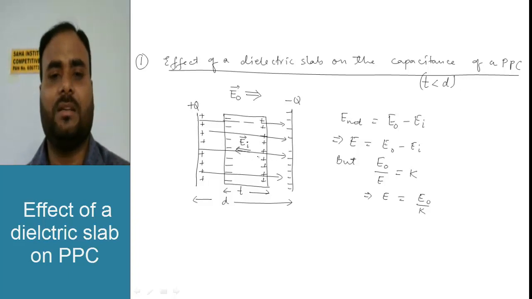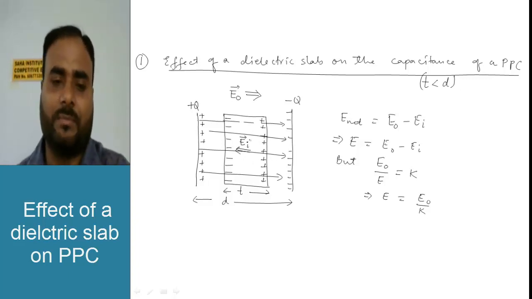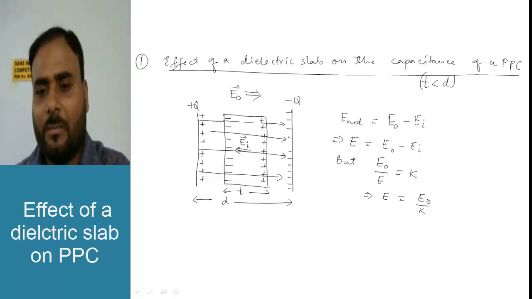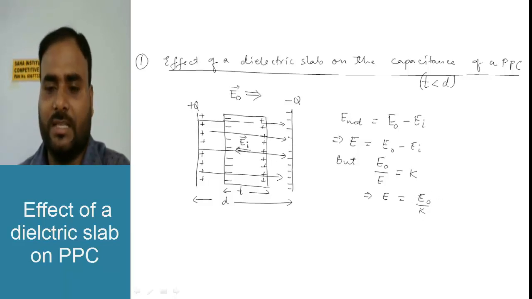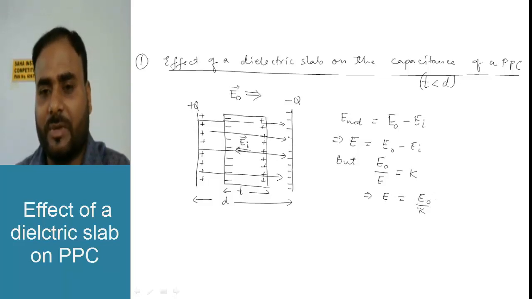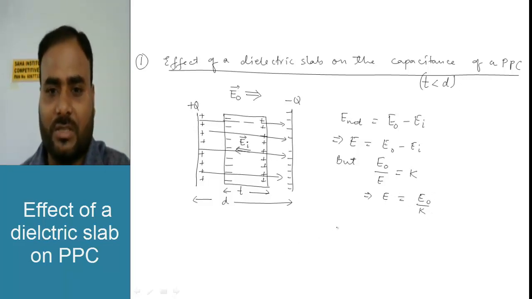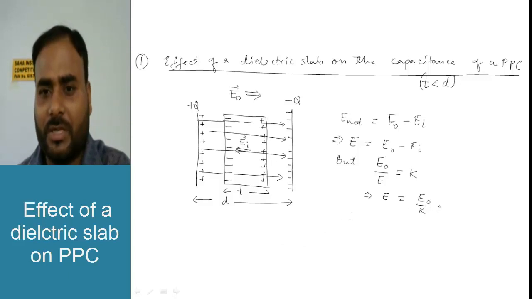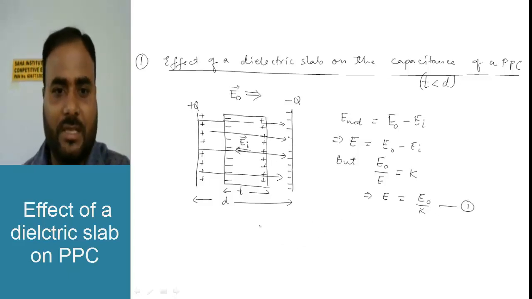In fact, no matter which medium you have kept, except free space or vacuum, the electric field when the medium is inserted always decreases, and it decreases by a factor called the dielectric constant. So the net electric field inside a medium is the electric field when there was free space over the dielectric constant. Okay, so we'll remember it. We are going to use this expression. I'll name it.